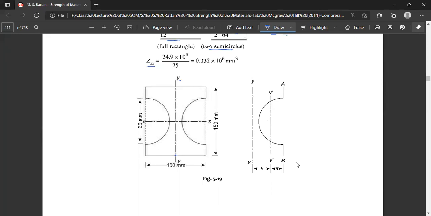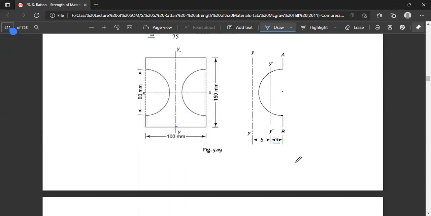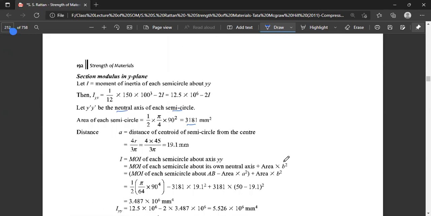This is a straight line, y dash, drawn through the centroid of this semicircle. The centroid of the semicircle is away from the center of the semicircle by a distance A, which is given by 4r by 3 pi. It is 19.1 millimeter. So you have to find out the distance of this centroid from the y axis.